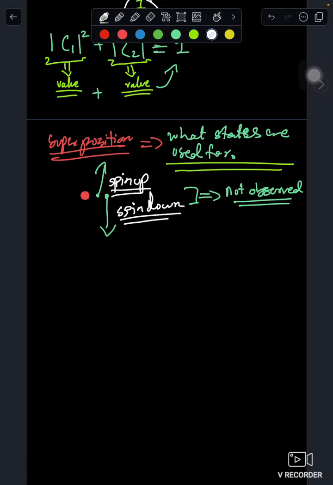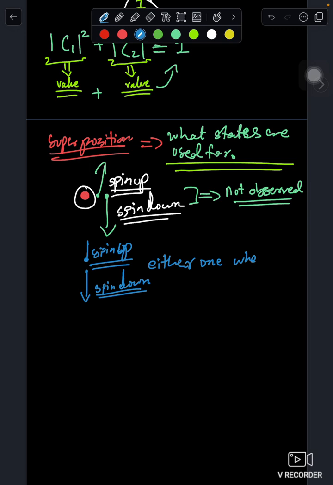The moment the measurements are taken, the particle will break its superposition, and that will cause the particle to have either spin up or spin down, so either one when measurement is taken.